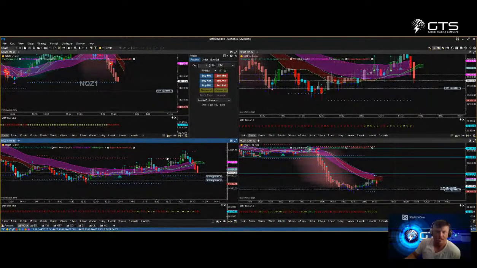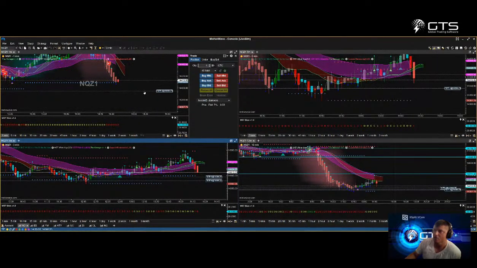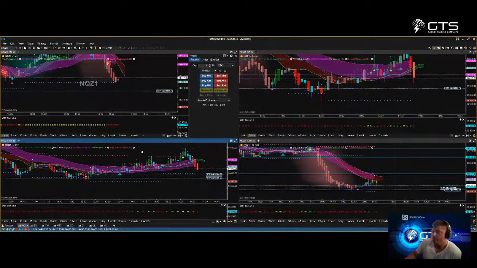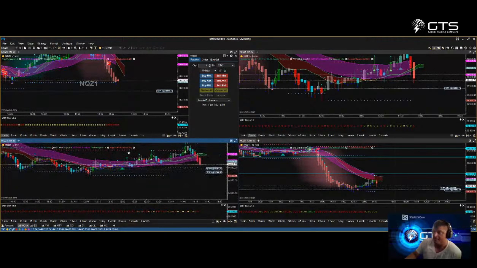So if you're tuning in to the end of this, we have a 6 star sell going on in Q, waiting for a push down through all this support right here. This is just a mess. This is a giant mess.